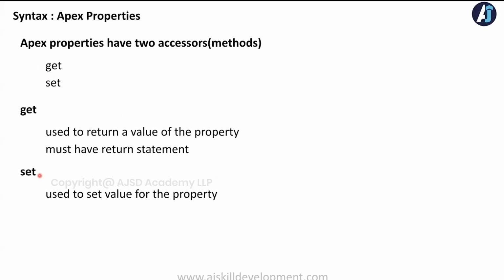Get is used to retrieve the value. If you want to get the values of your property, then the get method will be used by Salesforce Apex. Since it is going to return the value back to the user, the get method should have a return statement in it. In the get method and set method, you are allowed to write your business implementation.